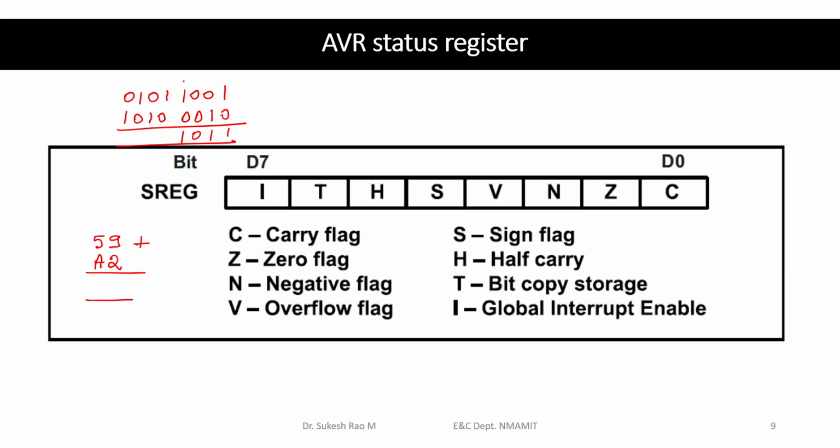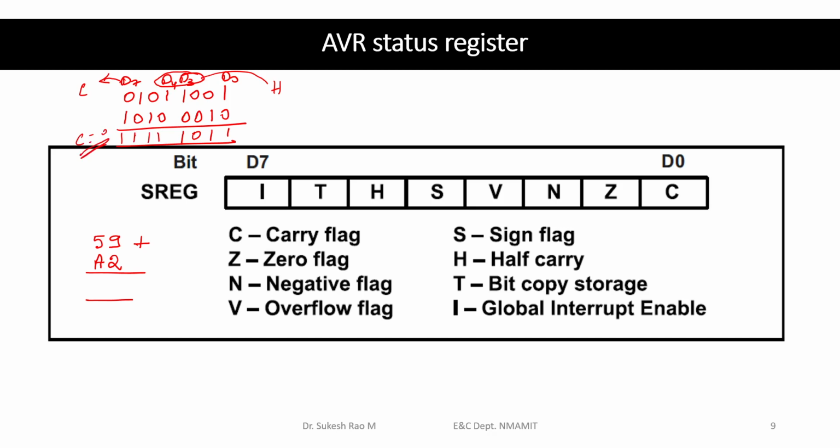This is the D0 bit, this is the D3 bit, this is the D4 bit, and this is the D7 bit. If there is a carry over from this point, this is called the H flag, the half carry flag. If there is a carry over from here, this is called the carry flag. Here in this case I get 1111, so there is no carry, and the carry flag is 0. That's the meaning of the carry flag.